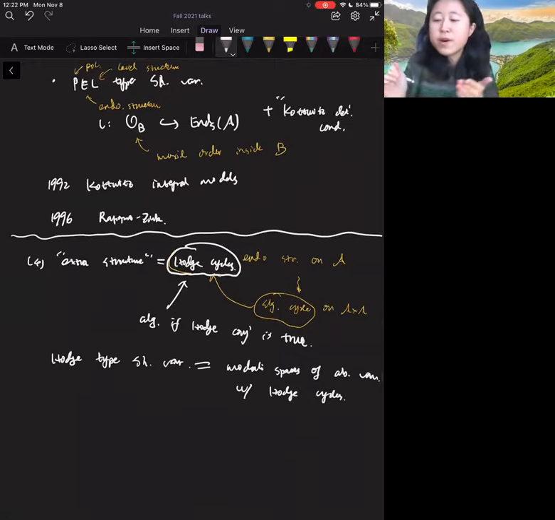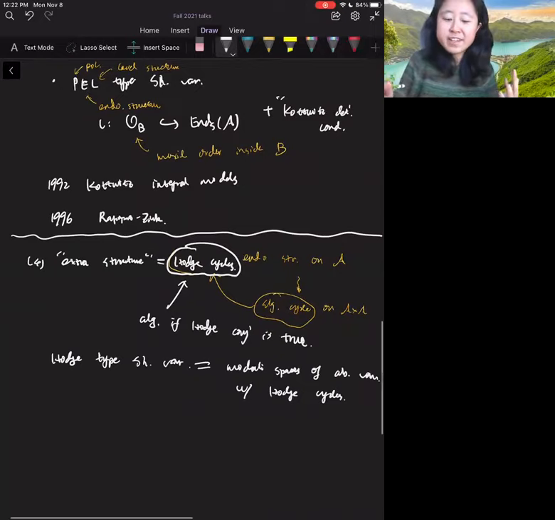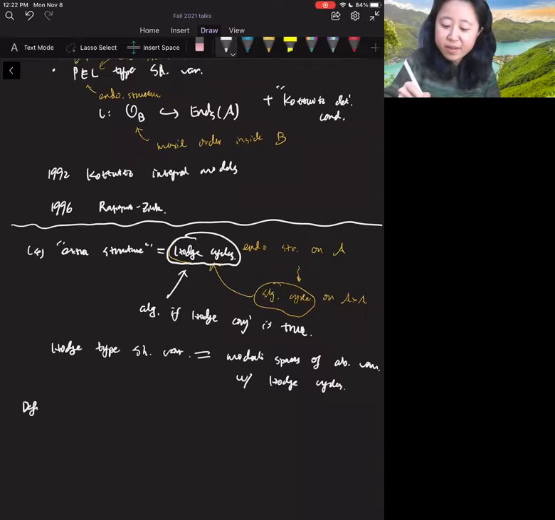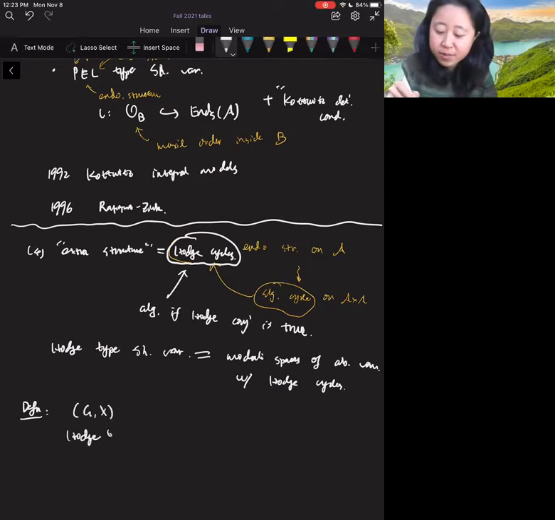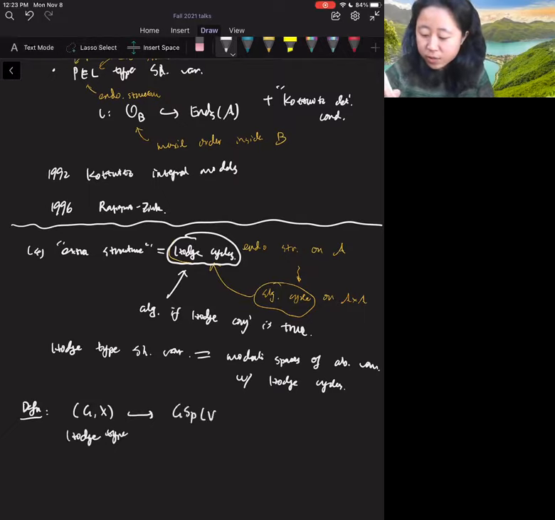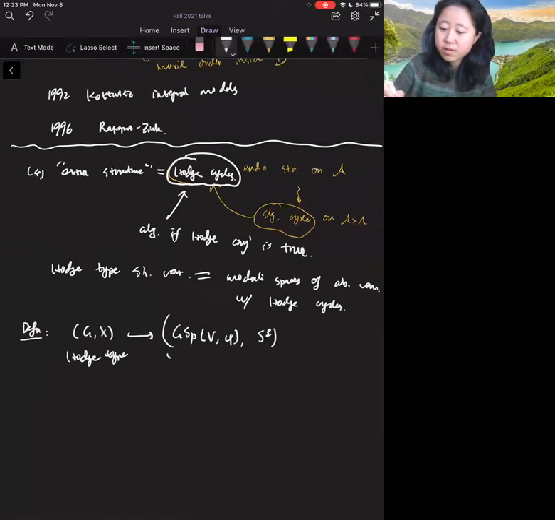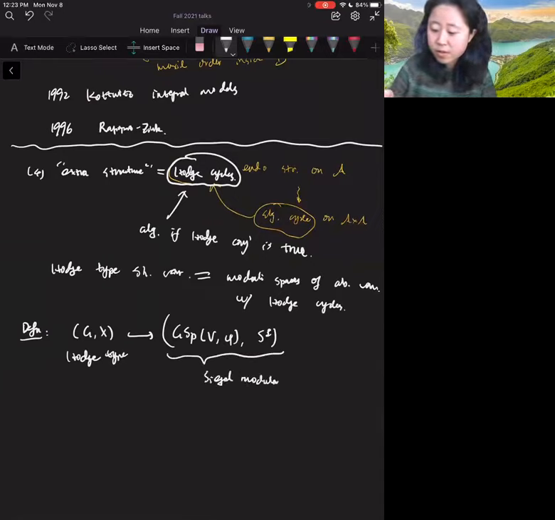Okay, so far what I've given you is basically a slogan for what a Hodge-type Shimura variety is, but let me give you the official definition. We say that a Shimura datum (G, X) is of Hodge type if it admits an embedding into a Siegel modular Shimura datum. This is the Siegel modular Shimura datum that I mentioned earlier.